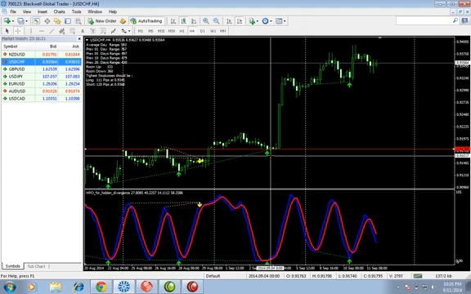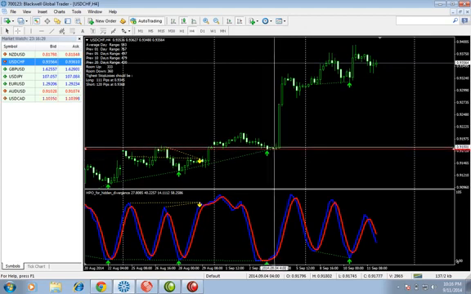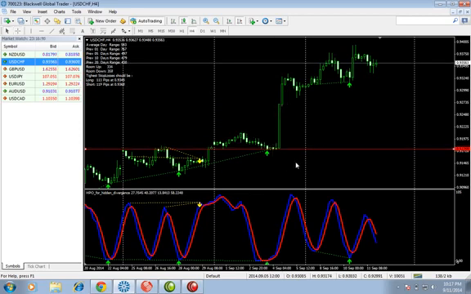Once you see any rejection, to me, the close of that candle would be my buy. I would look at what this is saying, and then I'll take my buy order. My TP should be whatever value I see here, and my stop loss would be half of that. And you see this happening.